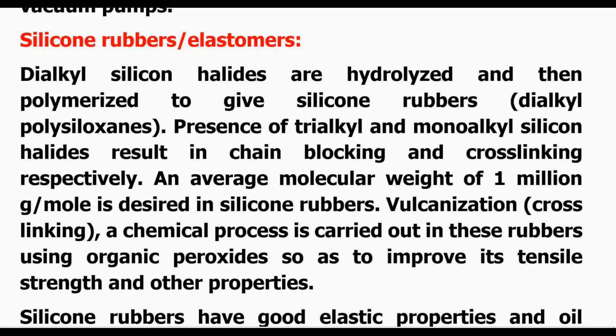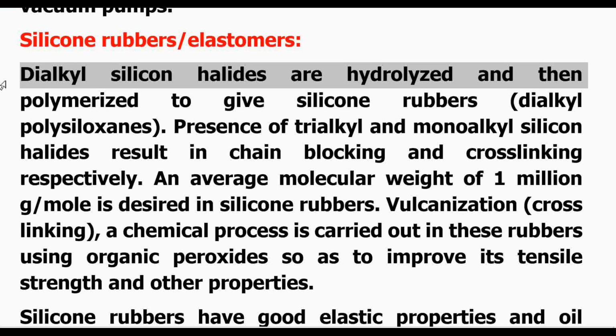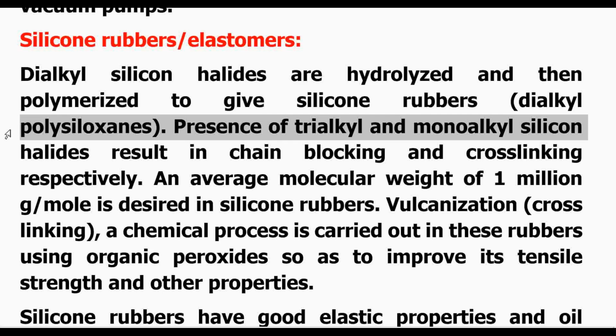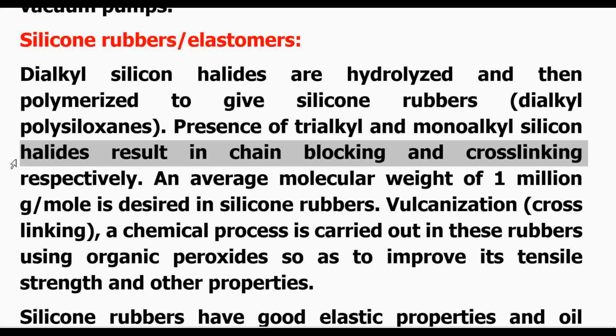Next I come to the silicone rubbers. Rubbers are also known as elastomers. The dialkyl silicone halides are hydrolyzed and then polymerized to give silicone rubbers, for example dialkyl polysiloxanes. I have already mentioned that the silicones are also known as polysiloxanes. Here, the presence of trialkyl and monoalkyl silicone halides results in two different phenomena.